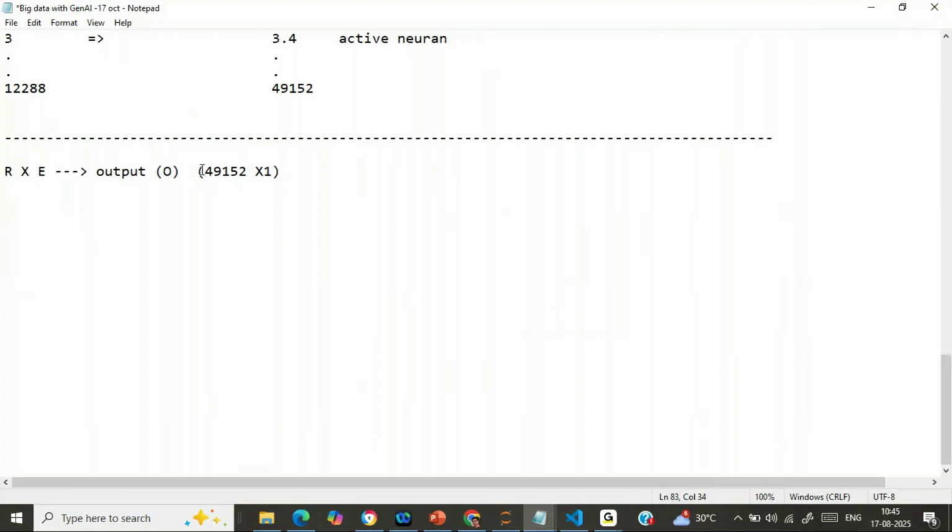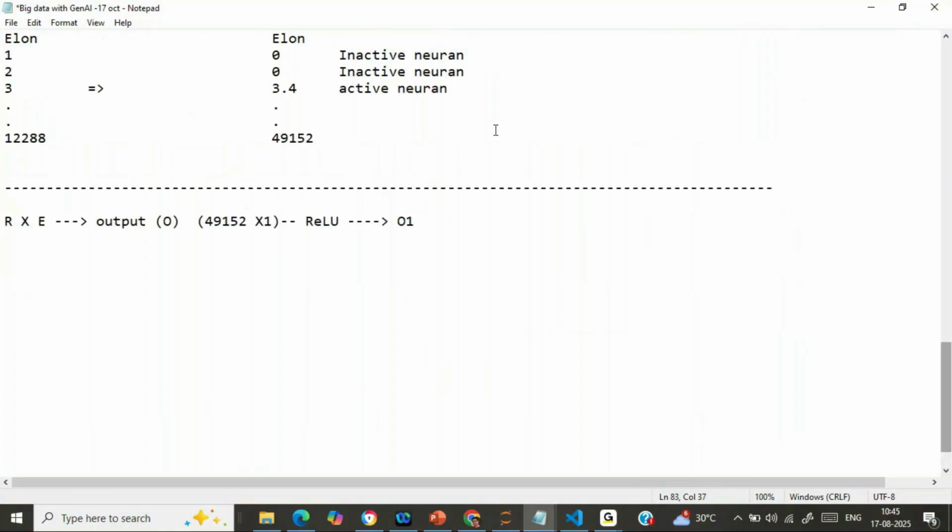Now this matrix is passed through the ReLU function, and the output, say O1, is the output at this moment. This O1 matrix, which has active and inactive neurons, is multiplied by another matrix, the downward projection matrix.